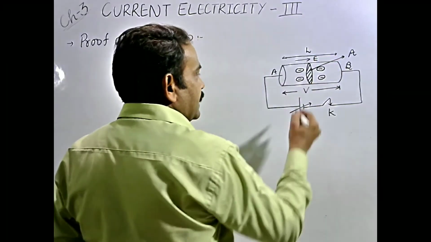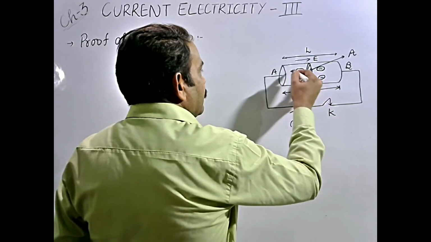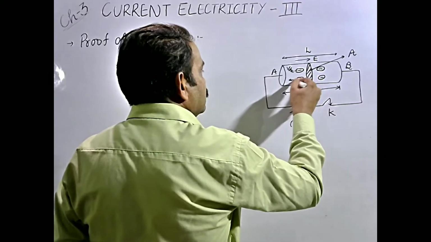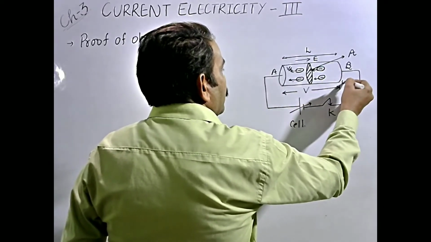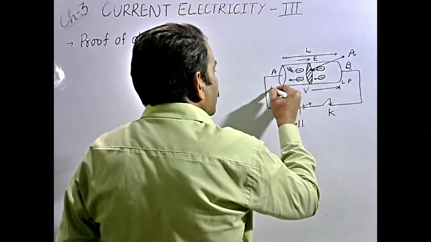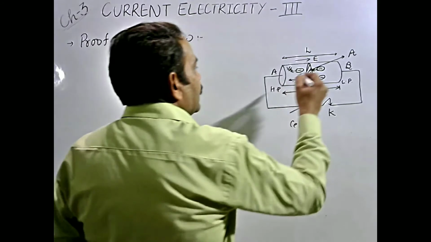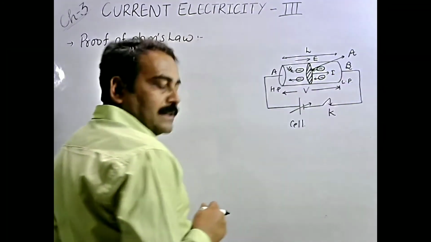As a result, electrons start drifting with velocity Vd from the lower potential end towards the higher potential end. As a result, current I flows through this conductor.